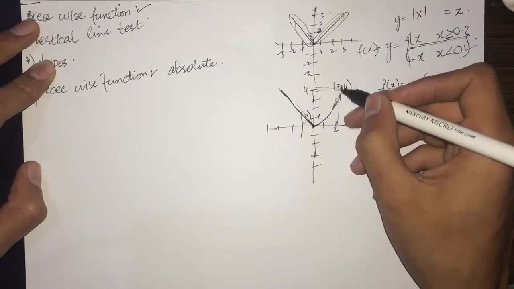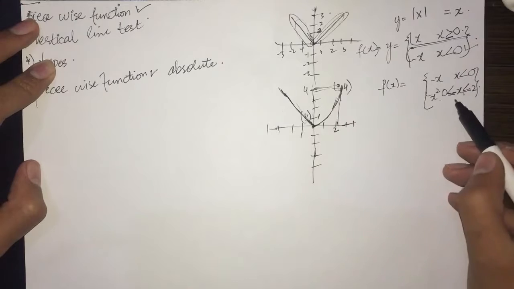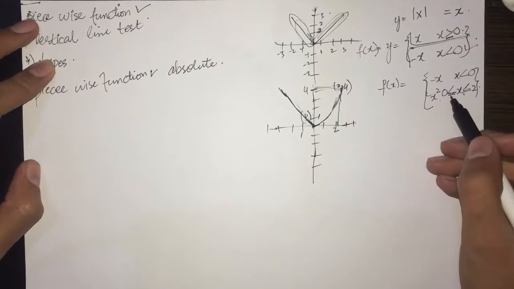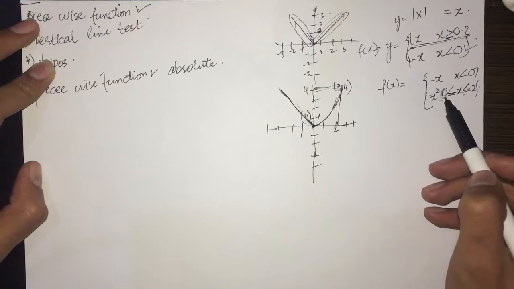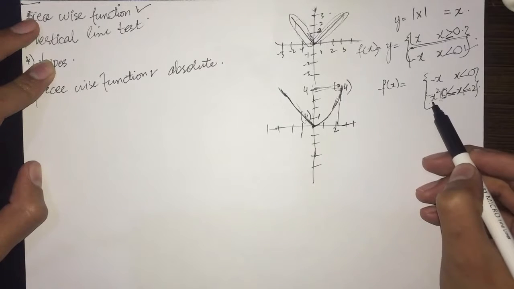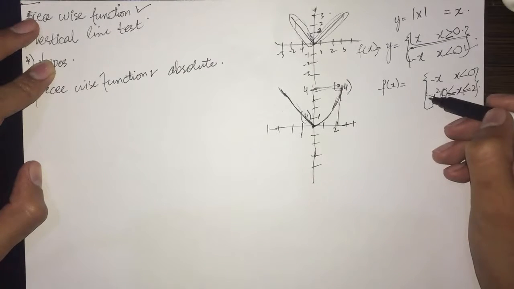But right here, the way we graph this function is we look at the condition. So this right here is going to be the x value, the first x coordinate, and you put this x coordinate into this function of y.